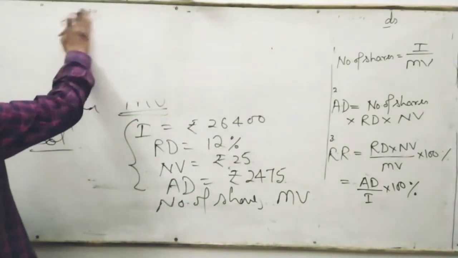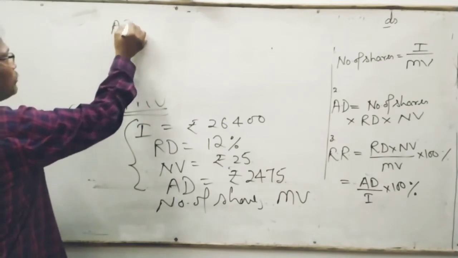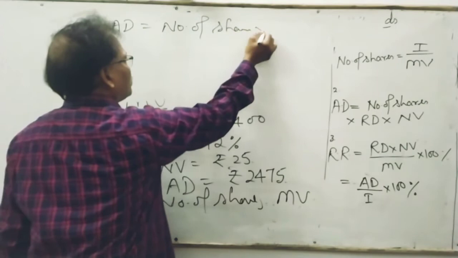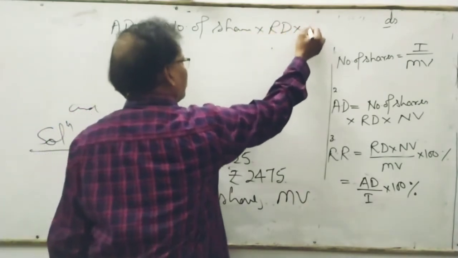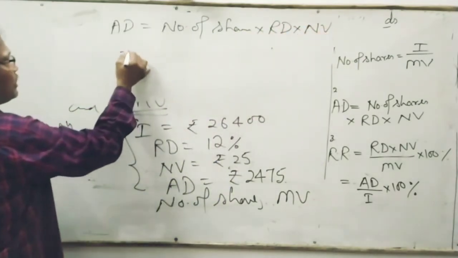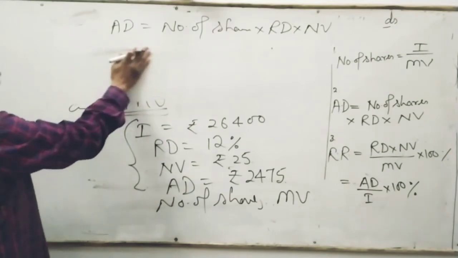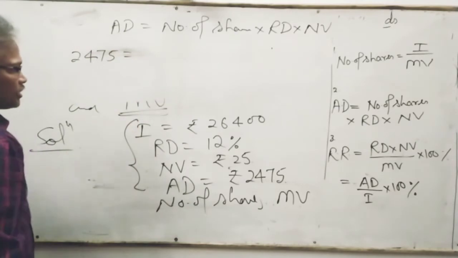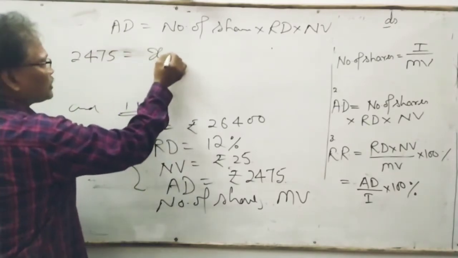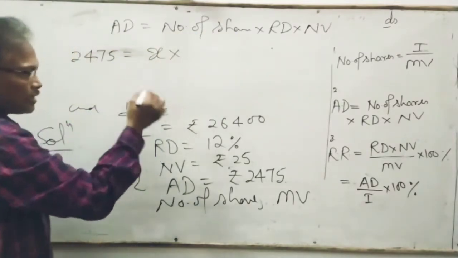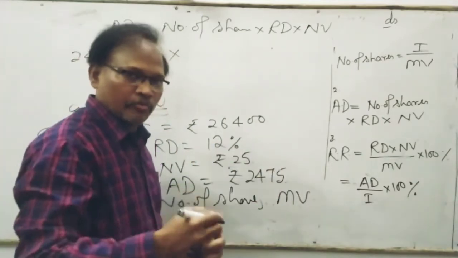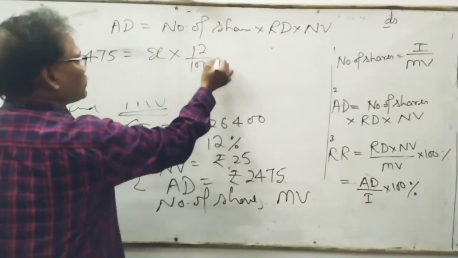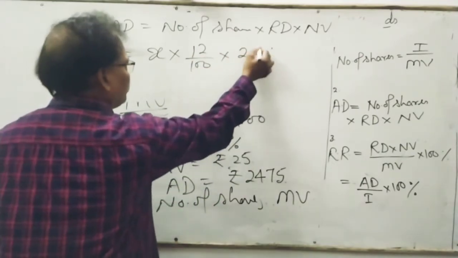In the solution, AD is equal to number of shares into RD into NV. So it will be AD means 2475, number of shares X. X लिखने से अच्छा है कि कुछ let कर ले, let X be the number of shares. तो बार बार लिखेंगे. RD means 12%. NV means 25.